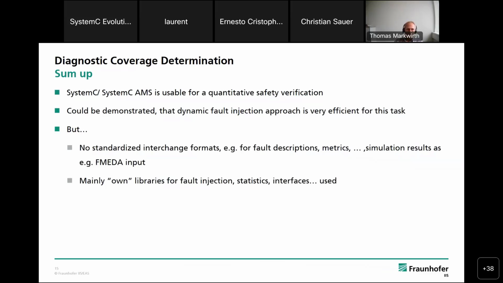improved. For example, currently we defined our own interchange formats, for example, to define the fault descriptions, the matrix, but also the simulation results in order to bring them in as an FMEDA input, and it would be really helpful to bring this into a bigger context with different tool environments, if there are standardized formats available.